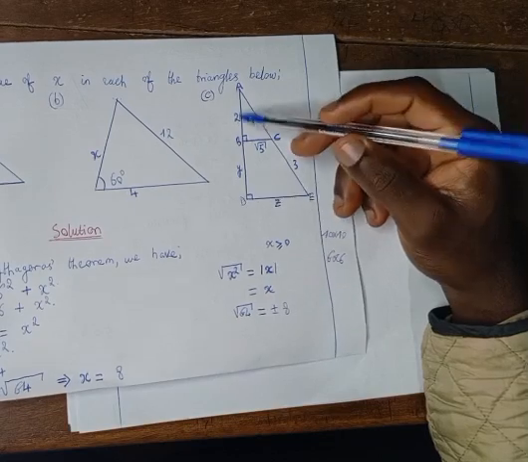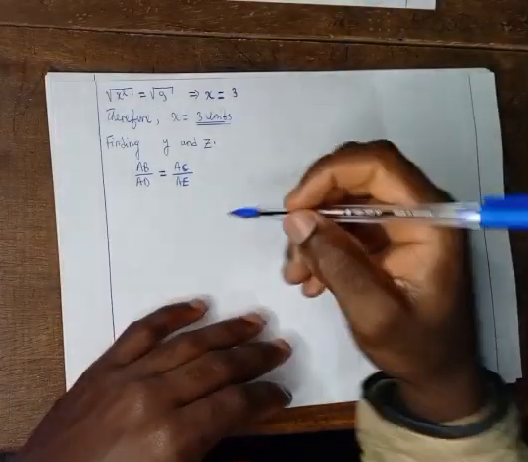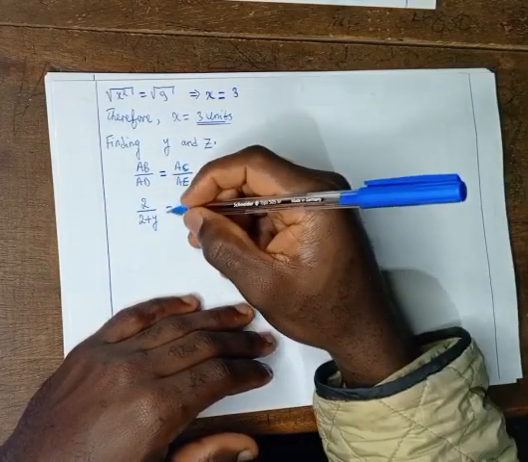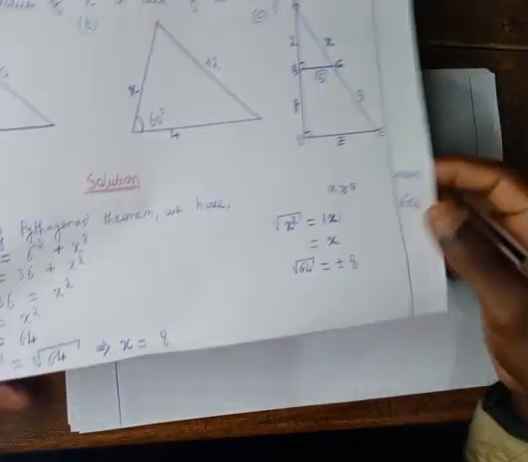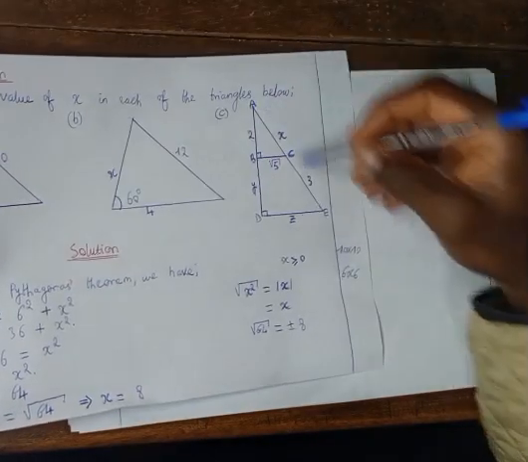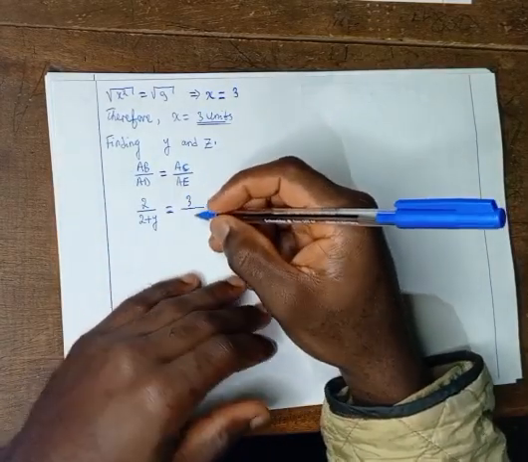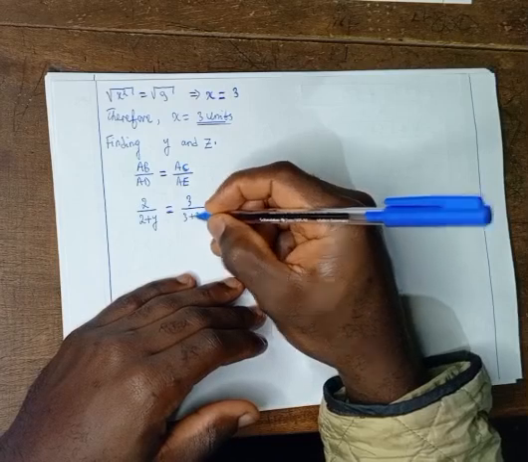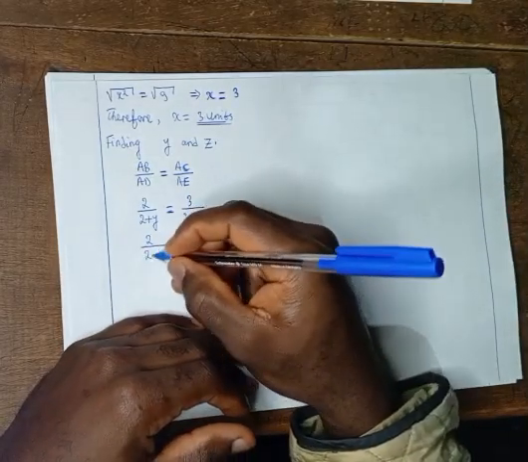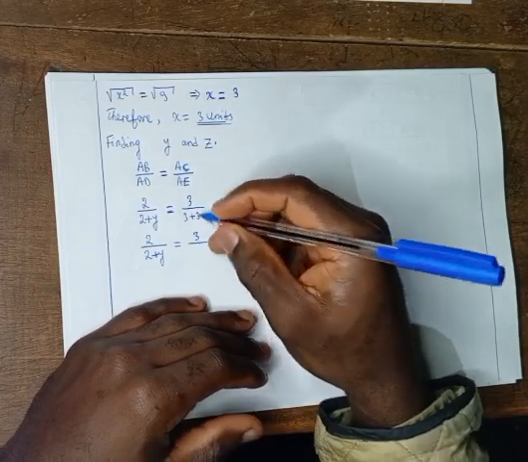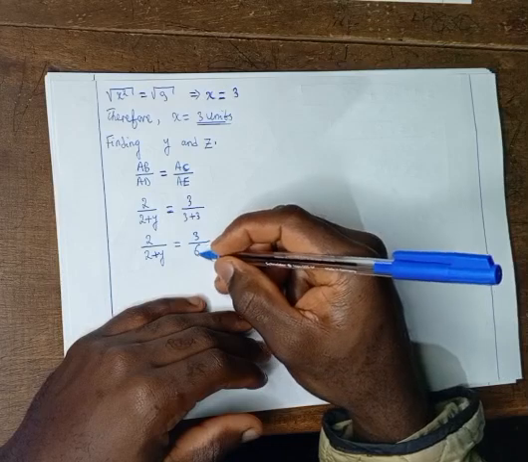AD is of length 2 plus Y. So this will give us 2 over 2 plus Y to be equal to, we know AC is of length X. We have just calculated X, which is 3, and AE is of length X plus 3. So this will give us 3 over X plus 3, which is 3 plus 3. So we have 2 over 2 plus Y is equal to 3 over 3 plus 3, which gives us 6.